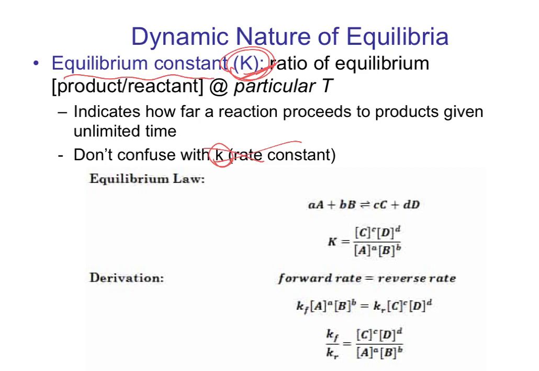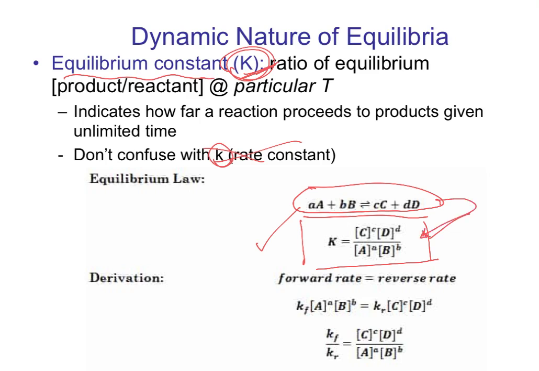And so the actual mathematical expression for an equilibrium constant, that's the primary theme of this video, so you want to make sure you understand this, is represented by this equation. So look carefully at the generic reaction shown here and make sure you understand how we get from that reaction equation to this form of the equilibrium constant.